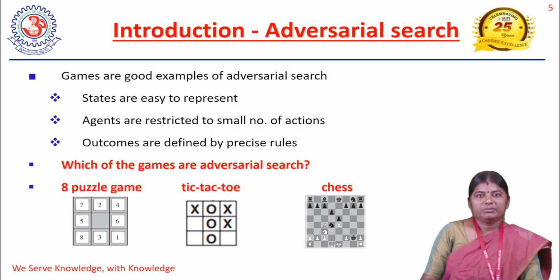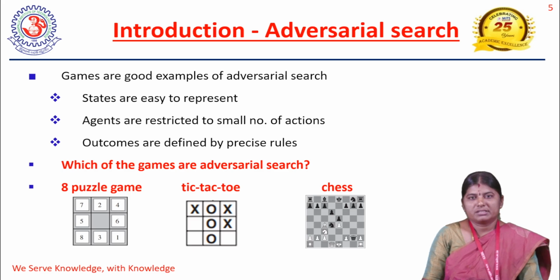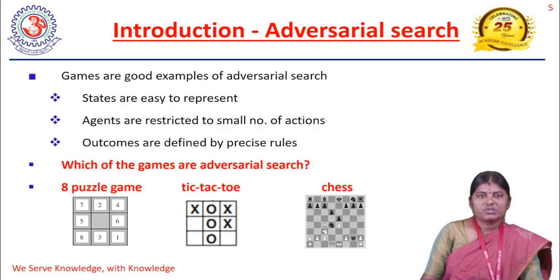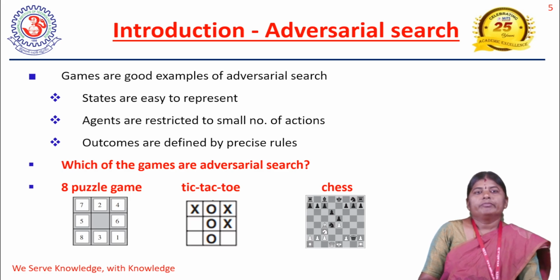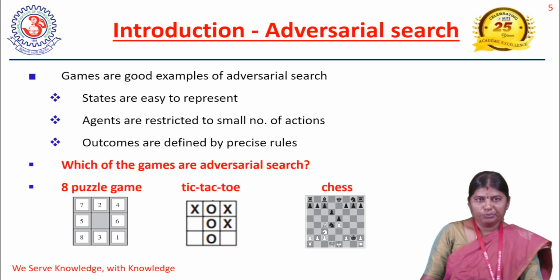Let us consider the games given below: 8 puzzle game, tic-tac-toe and chess. Out of these three games, which come under adversarial search? Can you have a guess? In the case of the 8 puzzle game, when a player plays, no one disturbs the move or interrupts.